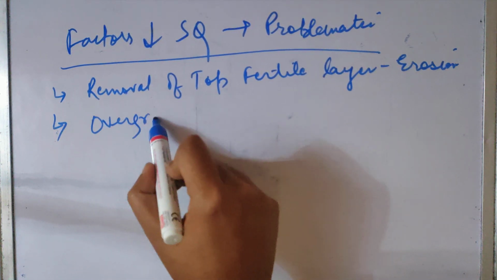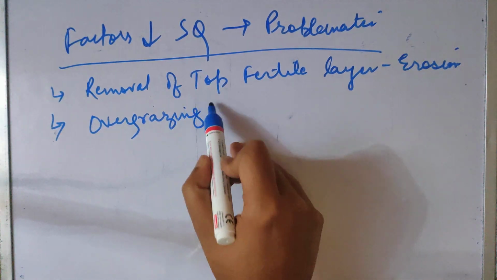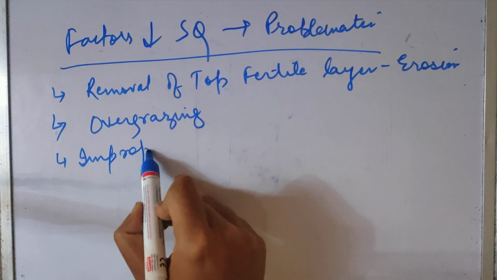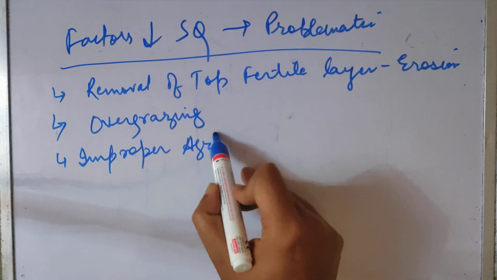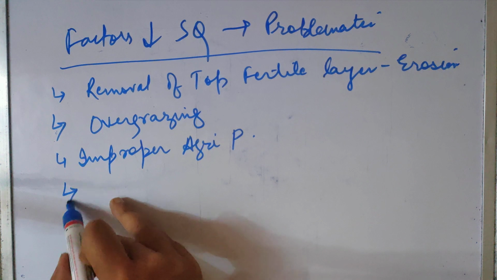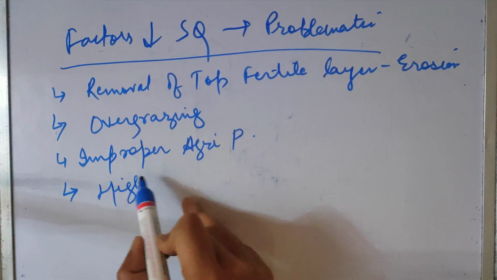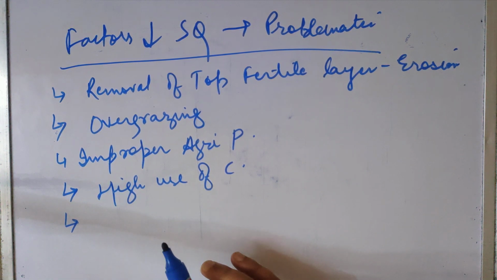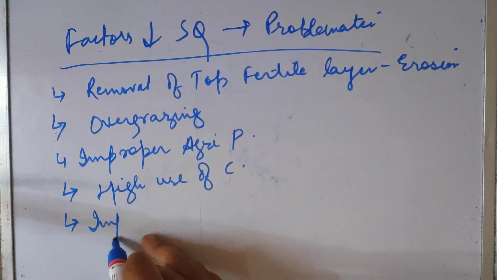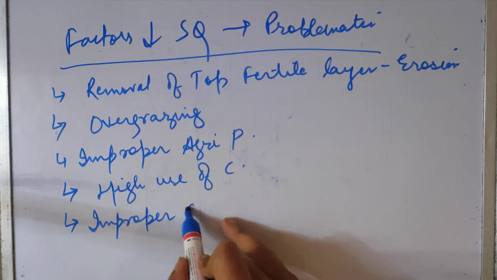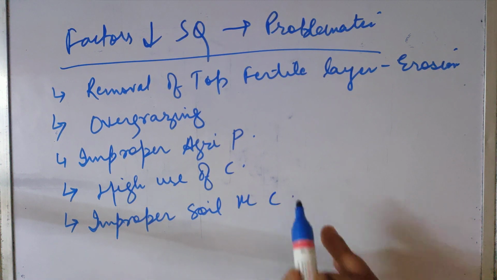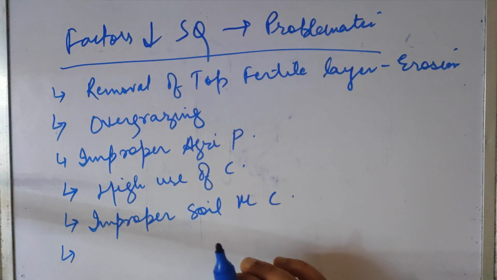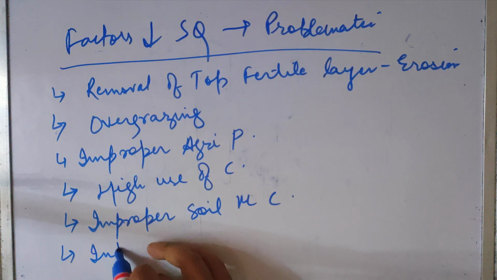Overgrazing, improper agriculture practices, high use of chemicals, improper soil moisture conservation, industrial effluents discharged into soil.